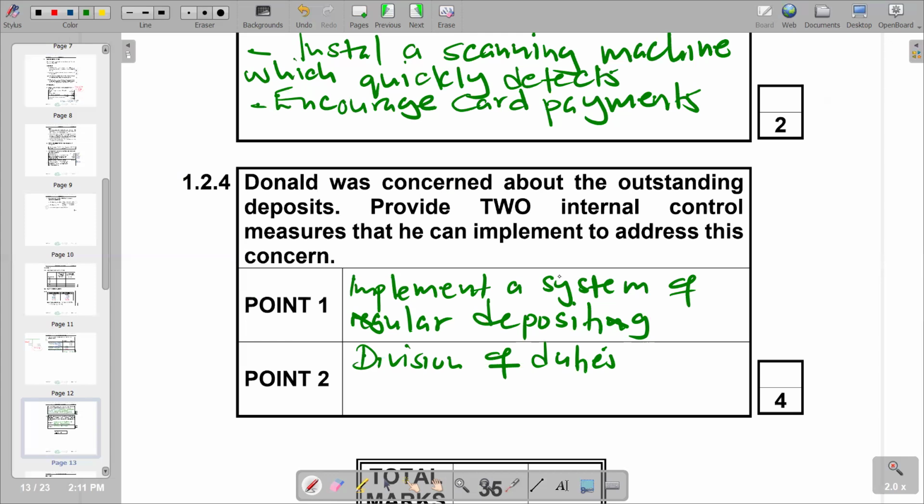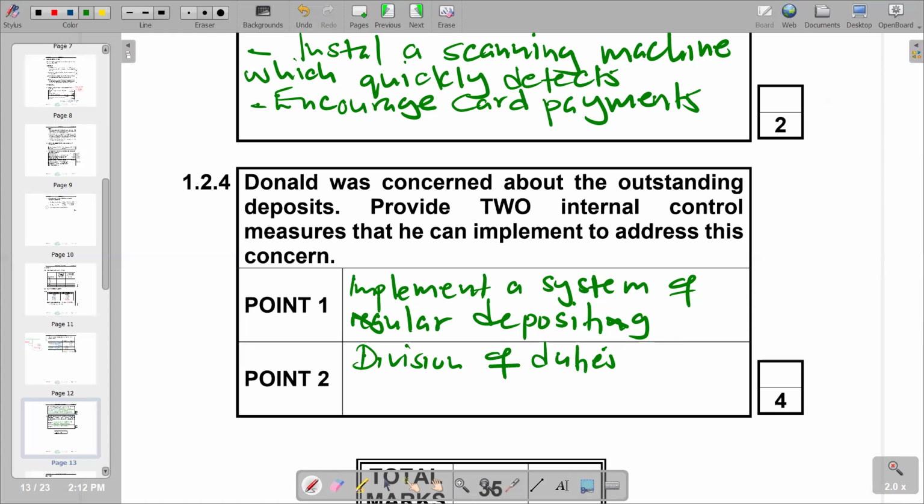If the one who is in charge of going to deposit the money delays, they are actually notified of depositing that money. In other words, with division of duties, the person collecting and receiving cash is not the same person doing the deposit, so that the other one will work as a check on the other one.